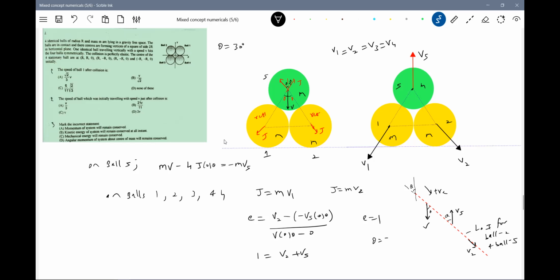Theta is 30 degrees, root 3 by 2. Any simplification after this? V root 3 by 2 equal to V2 plus V5 root 3 by 2. You write it as equation 3. This you call equation 2. This is equation 1. I think now we can solve, no?